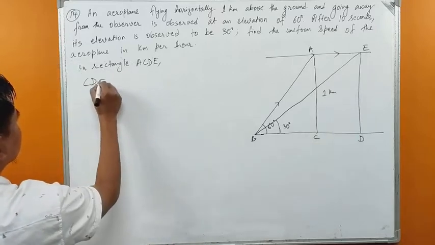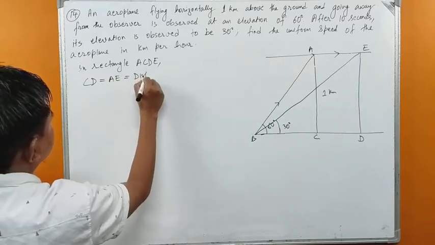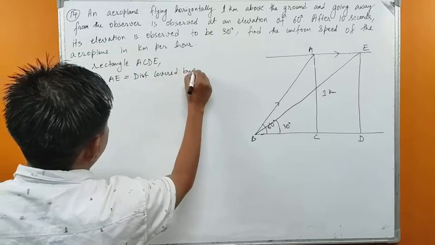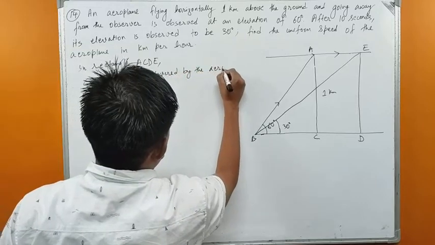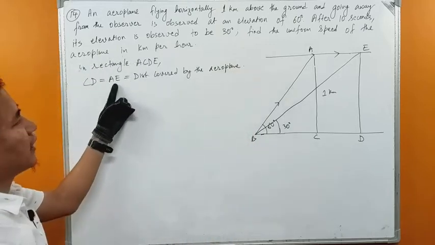CD equals AE, which equals the distance covered by the aeroplane, isn't it? CD and AE are equal to each other.